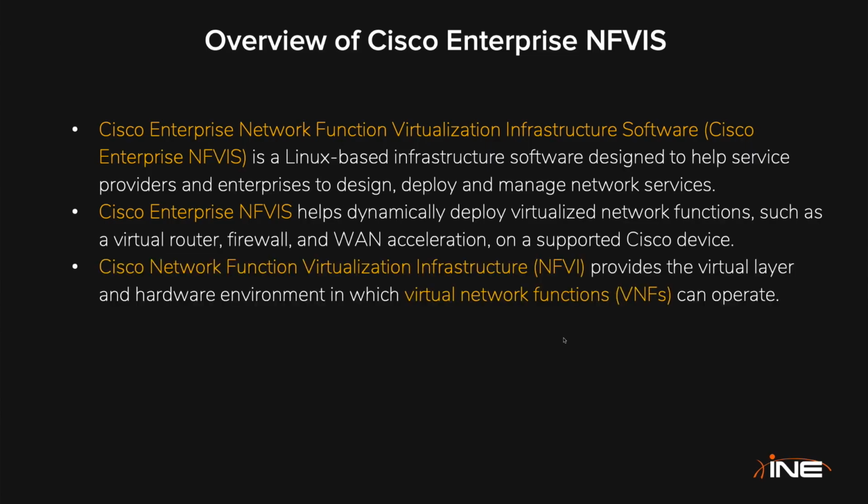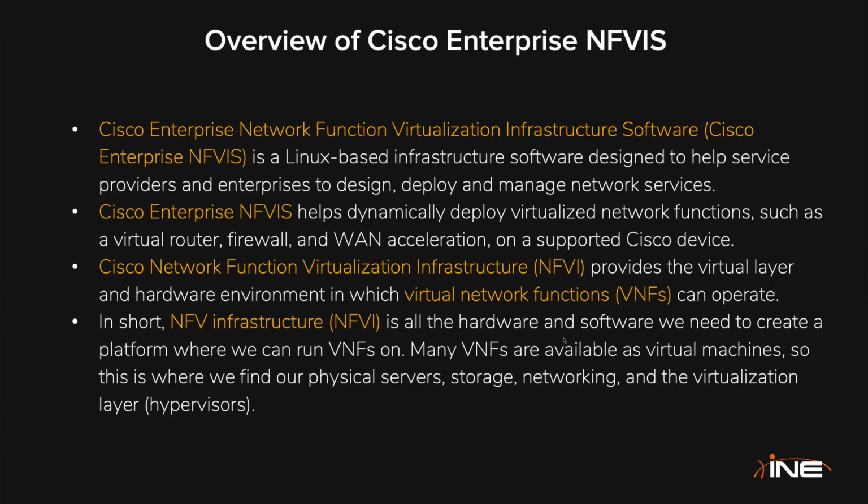So NFVI provides a virtual layer and a hardware environment in which VNFs can operate. In short, NFVI is all the hardware and software we need to create a platform where we can run VNFs. Many VNFs are available as virtual machines. So this is where we find our physical servers, storage, networking, and virtualization layer, for example, your hypervisor.